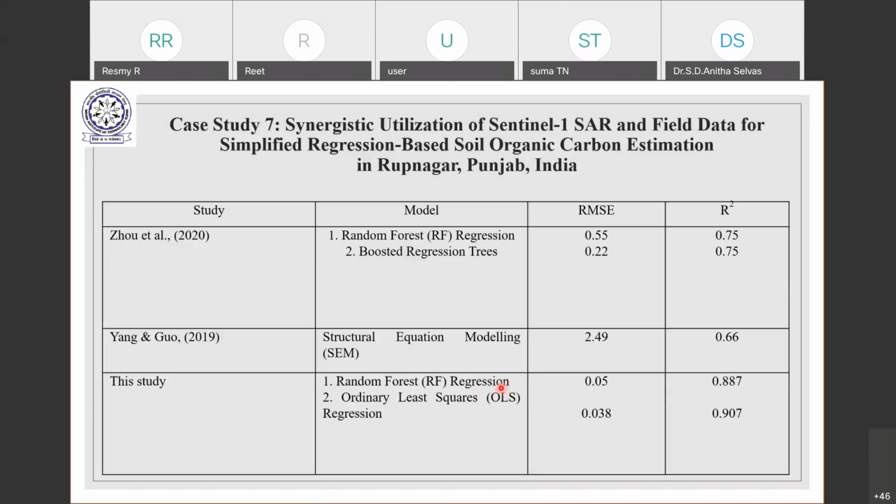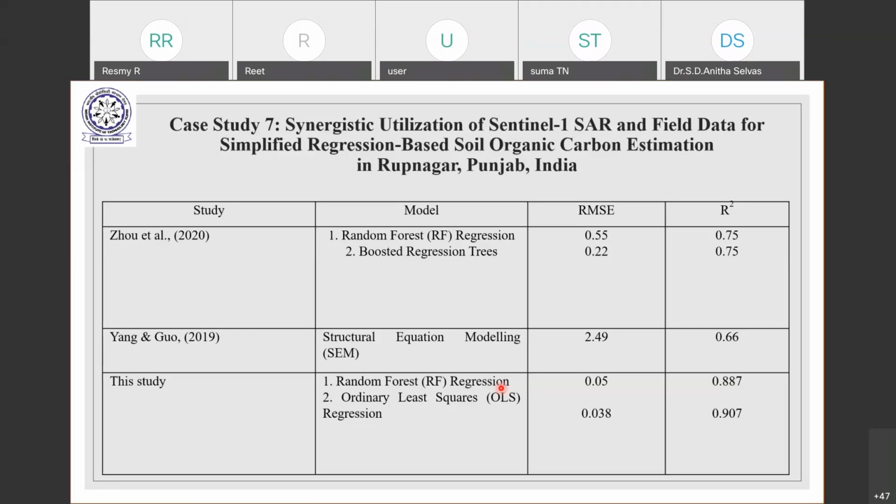The accuracy difference is because we use the field data for the organic carbon content, then the soil moisture data, and the EC data also. So if we use all these three data, then our accuracy increases.